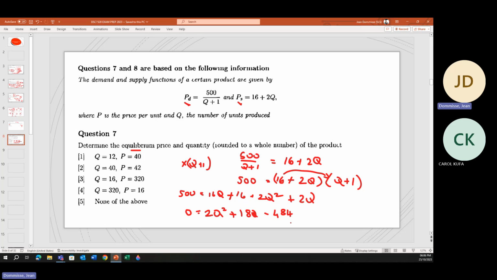Okay, so now I'm looking at that and I'm like, yeah, okay, so I don't know if we will get a nice answer. So then we would have gone again with a roots function.